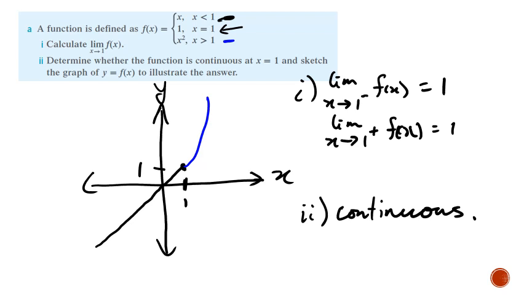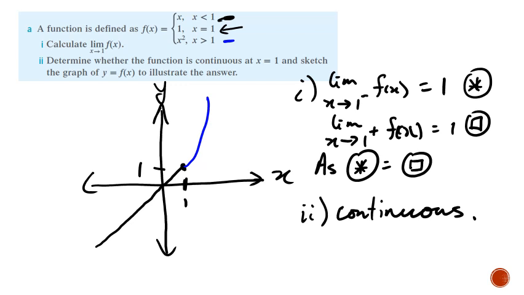Because the limit of both sides are the same, I'm going to cheat a little. Oops. As the star is equal to the square. I can't be bothered writing the whole thing out. You're allowed to do that, by the way.